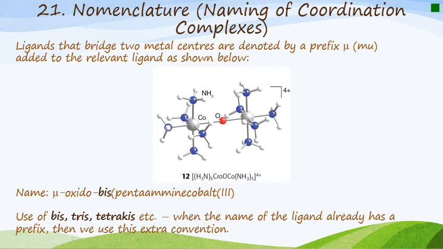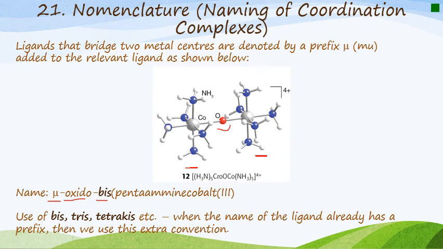So the oxygen that's here, you can see it's bridging this complex to this complex here, and we use the prefix mu by writing the Greek letter mu. The oxygen is the one that is bridging, so it becomes oxido, and then there are obviously 2 identical complexes, which is the pentaamine cobalt 3, and it'll then be bis because there are 2 complexes, pentaamine cobalt 3.